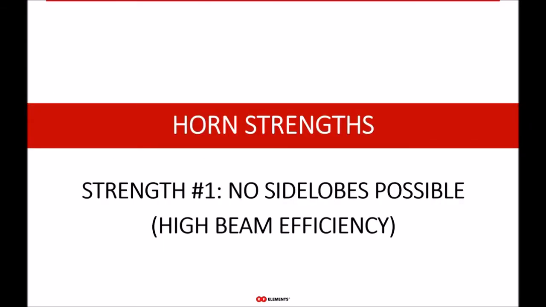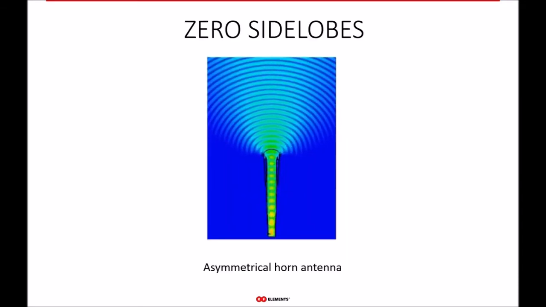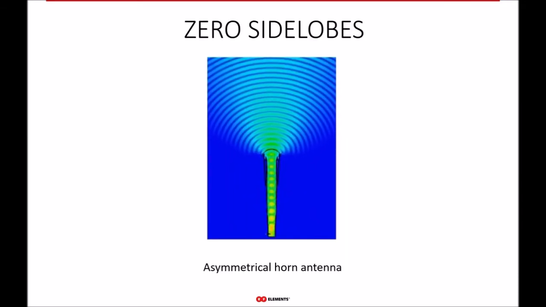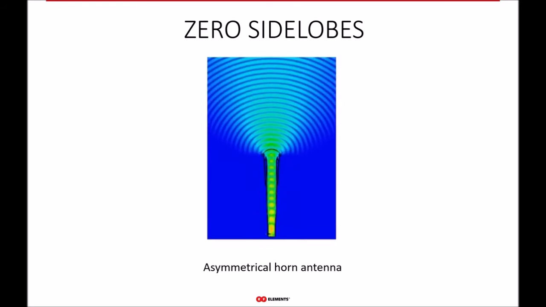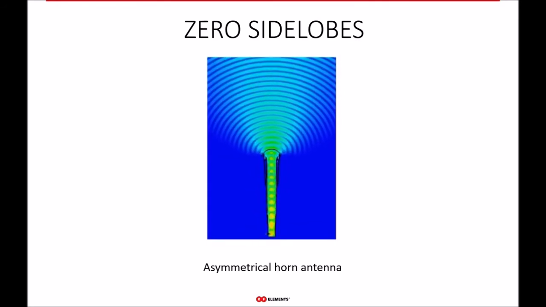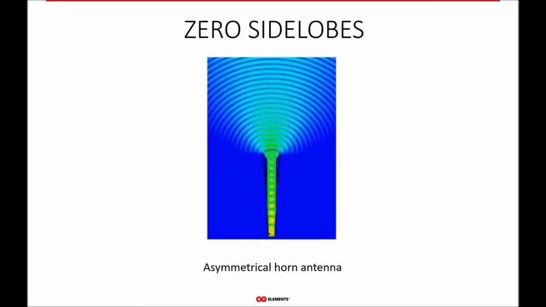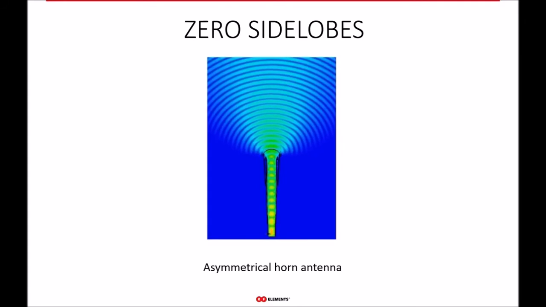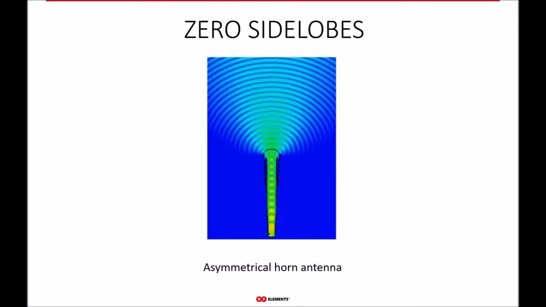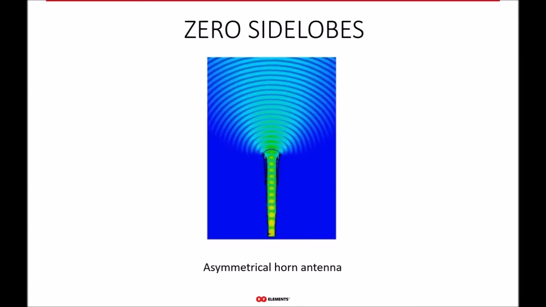So let's first have a look at the strengths of the horn antennas, and we'll start with the side lobes. The key benefit of a horn antenna is a radiation pattern with no side lobes. There are no diffracted fields or parasitic radiation, as with patch arrays, for example, because the RF wave is fully confined inside the waveguide first.